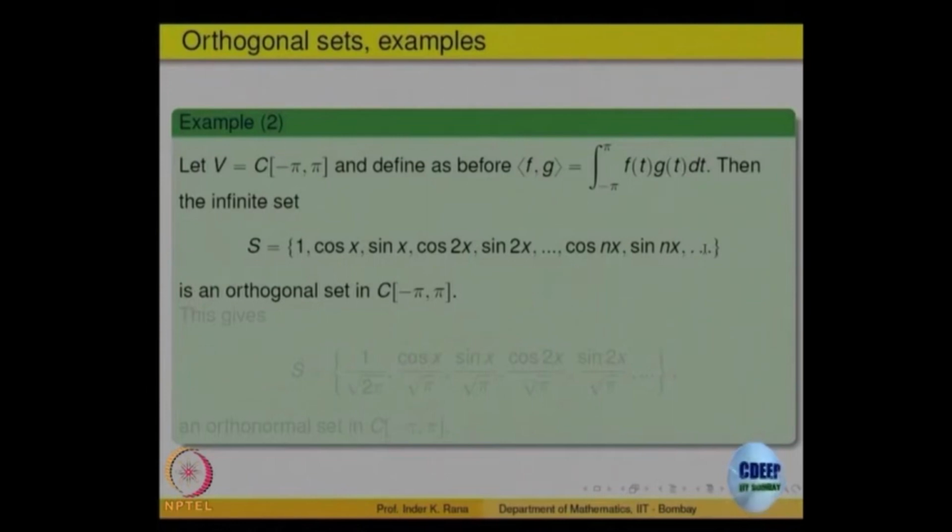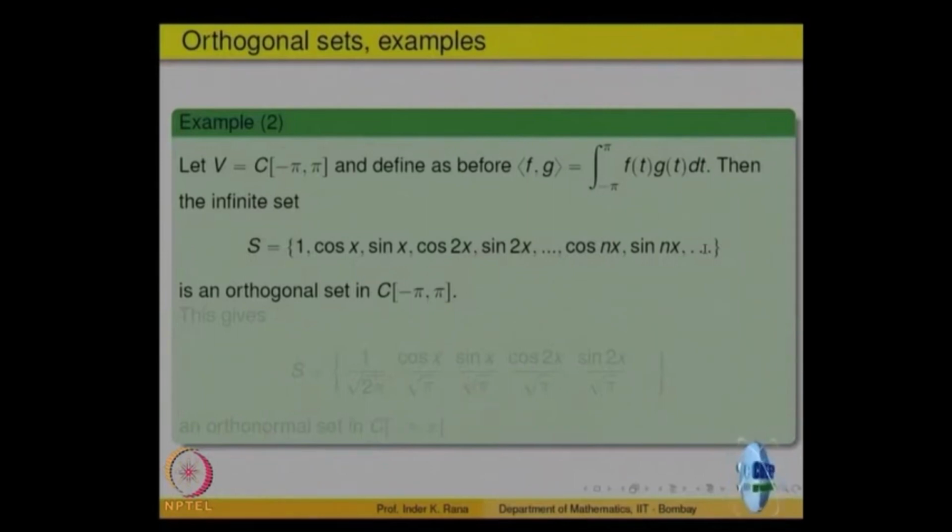So, one class of functions is cos nx, n equal to 1, 2, 3 and so on, and similarly sin nx, and the constant function 1. This collection of functions is an orthogonal set with respect to this inner product.